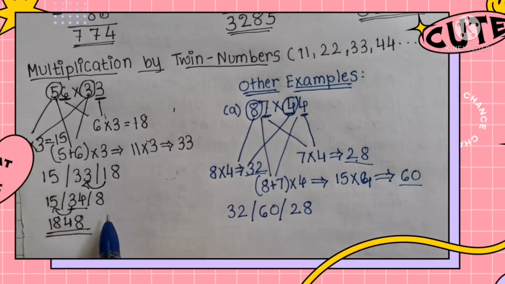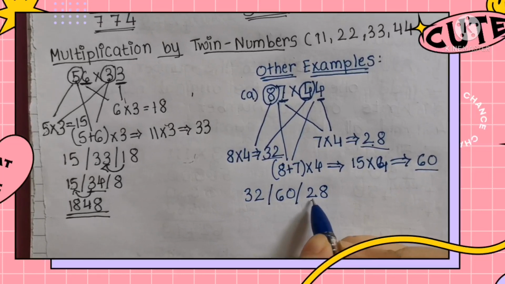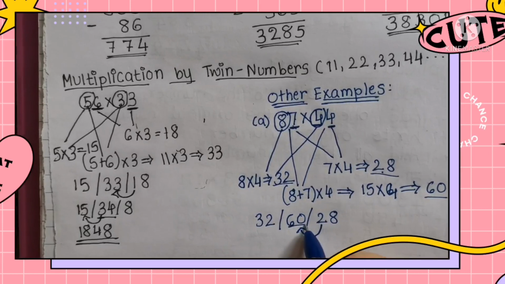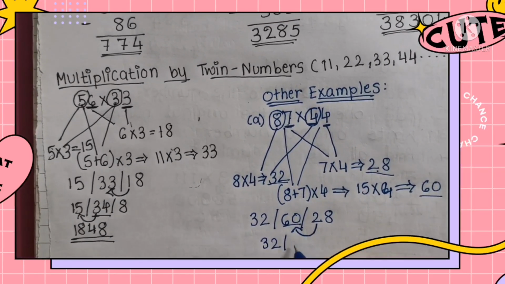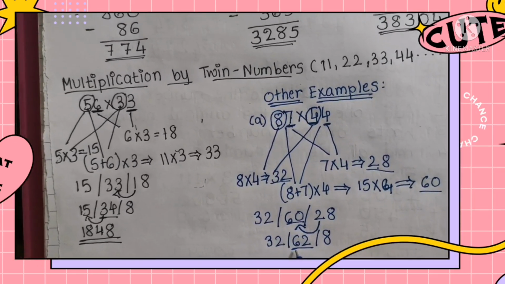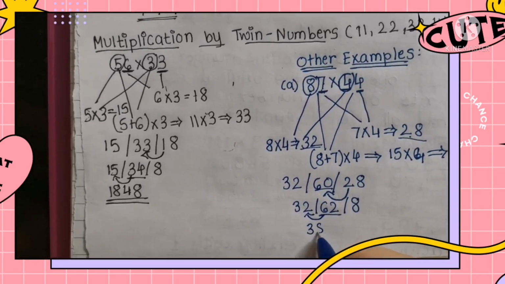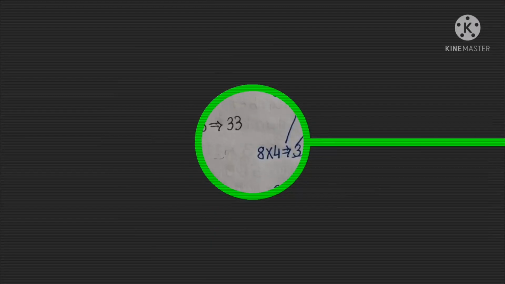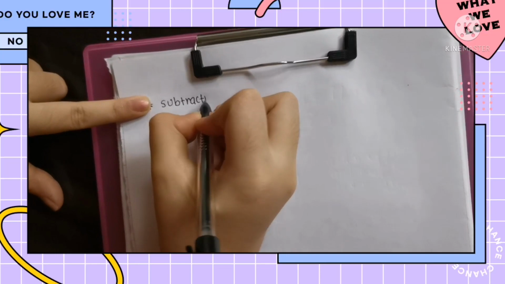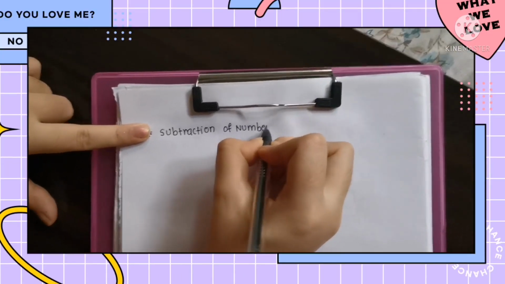Now, as we have learned, we cannot have a 2-digit number after a slash or before a slash. So starting from 28, we will shift the tens place here and add it with 60. So we'll get 32 slash 62 slash 8. Now shifting the tens digit, which is 6, and adding it with 32, we get our final answer, which is 3828.